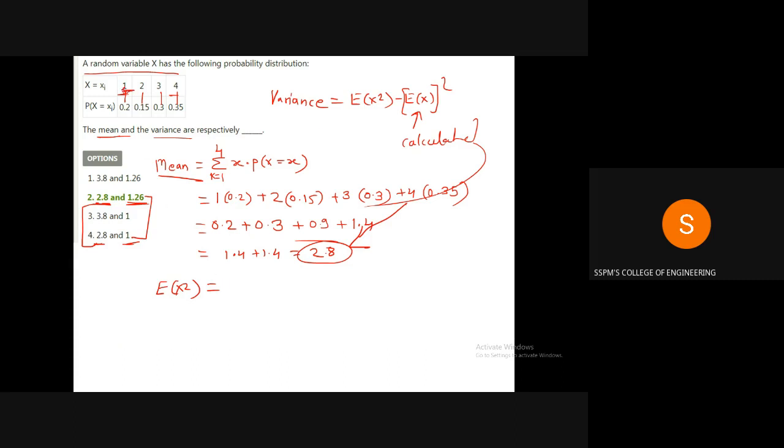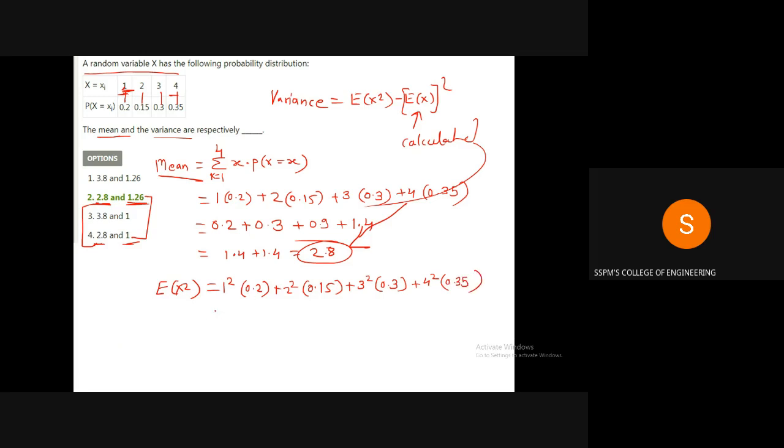Here it is 1 square into 0.2 plus 2 square into 0.15 plus 3 square into 0.3 plus 4 square into 0.35.